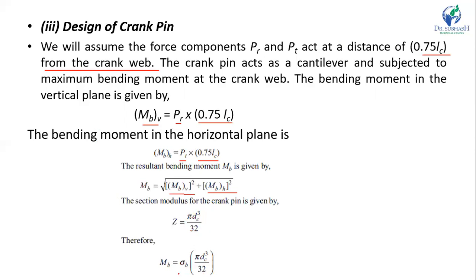The bending stress sigma B calculated from this equation should be within the permissible limits. In this way you can find the crank pin diameter.